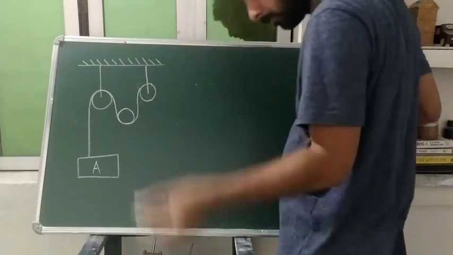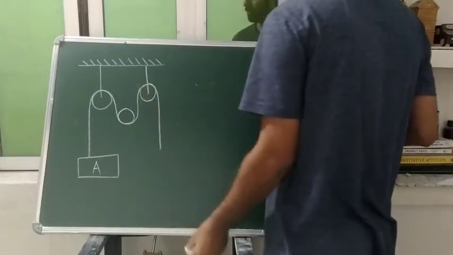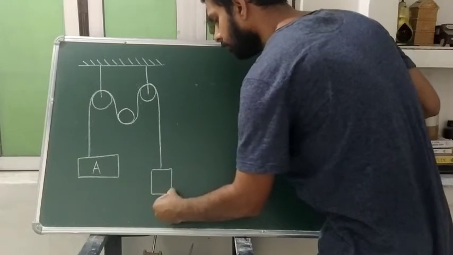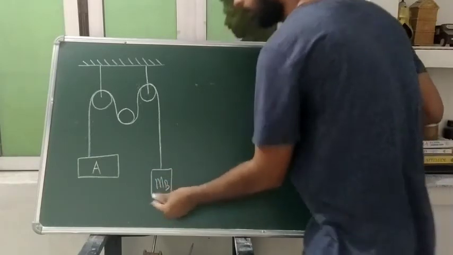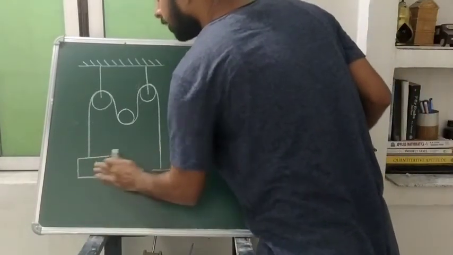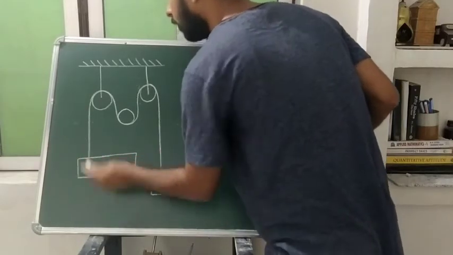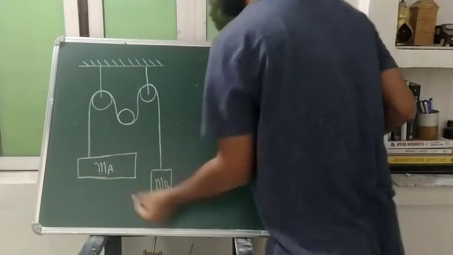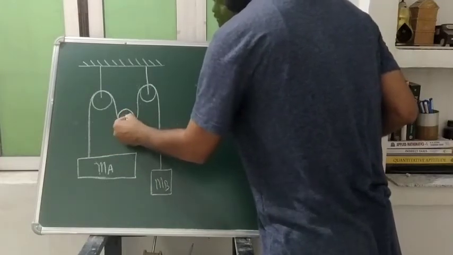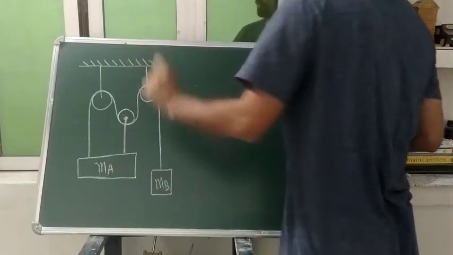It is fixed, and here it is attached to the mass of B. Look, student, this block of mass A is connected with this string as well as one more string which is connecting this pulley.